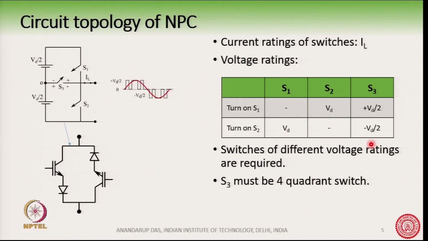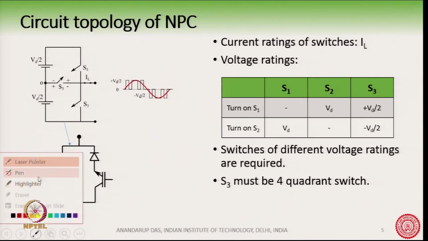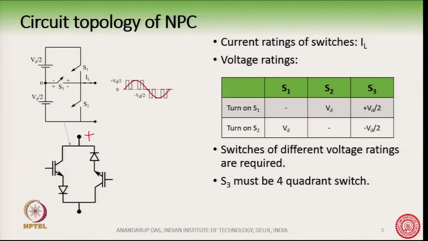This kind of bidirectional voltage blocking capability is possible through this kind of circuit here, where you have a transistor and a diode in series, an IGBT and a diode in series like this. Suppose this side is plus and this side is minus.